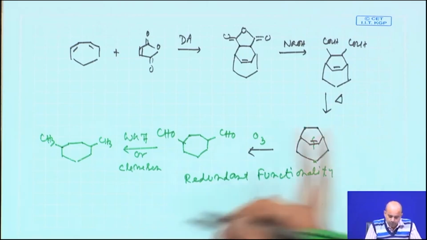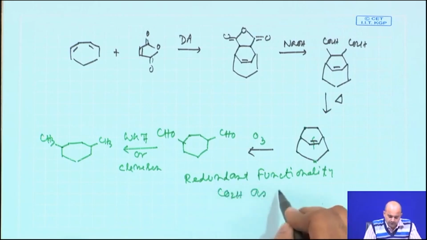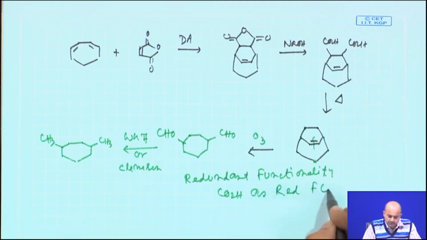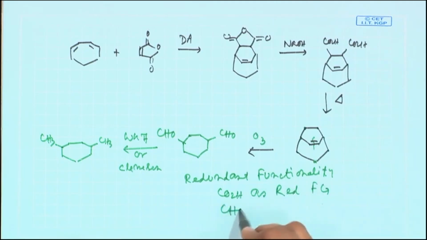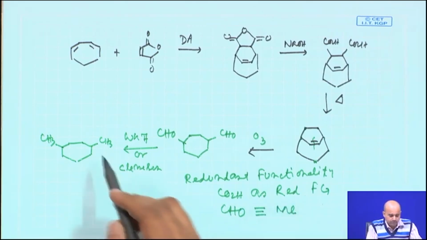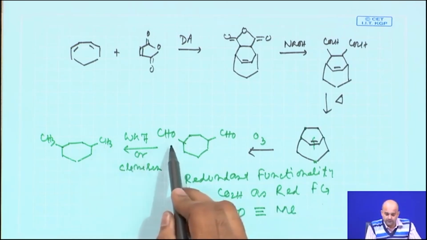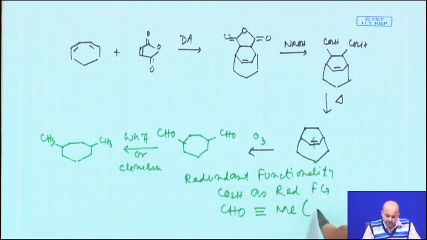So, in this whole synthetic pathway you will find we used a carboxylic acid as a redundant functionality, we can call it redundant FG, as well as in the final step we used aldehyde as the equivalent of methyl functionality. We introduce a methyl group and we started from a corresponding aldehyde, which we know can be done by either Wolff-Kishner transformation or Clemmensen reaction.